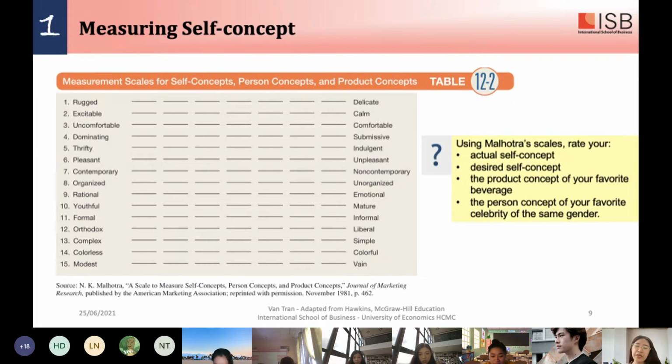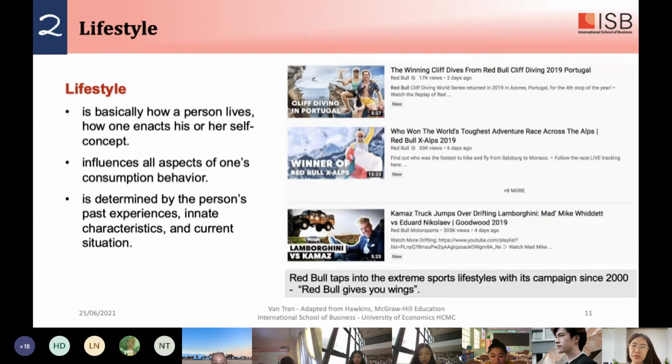And then we have lifestyle. Lifestyle is basically how a person lives that helps him or her to show his or her self-concept. So if you're saying that, okay, I'm a very active person, I'm a very sporty person, you must involve yourself in a lot of sporty activities, right?